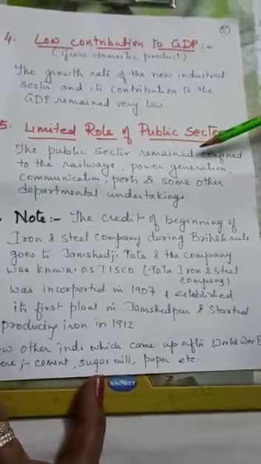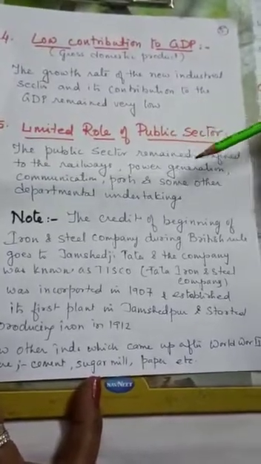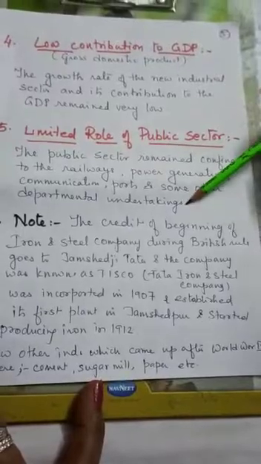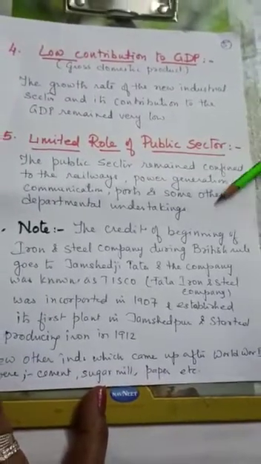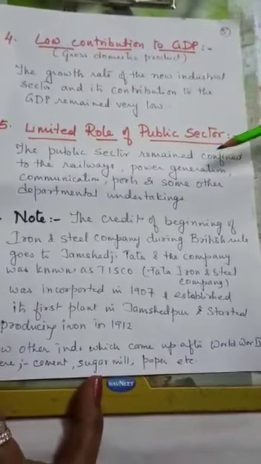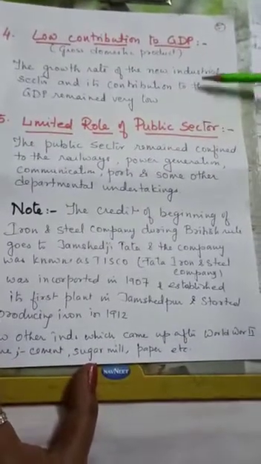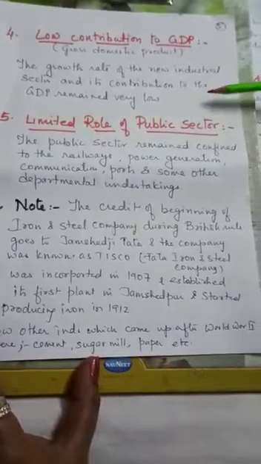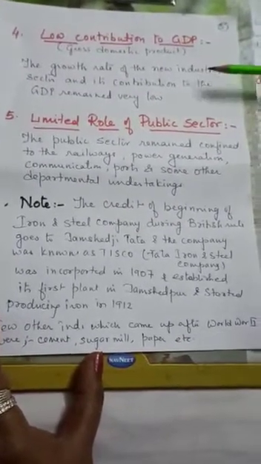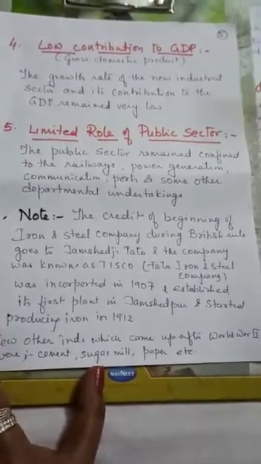The public sector remained confined to the railways, power generation, communication, ports, and some other departmental undertakings. That's it. So all these 5 points we need to remember, as these were the main reasons of low industrial development during British rule.